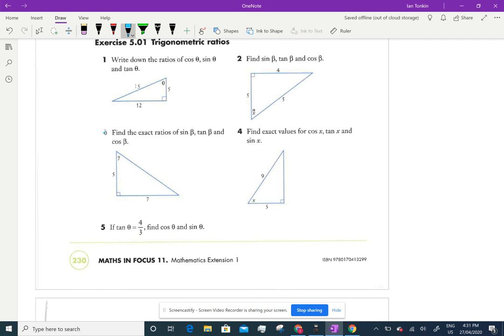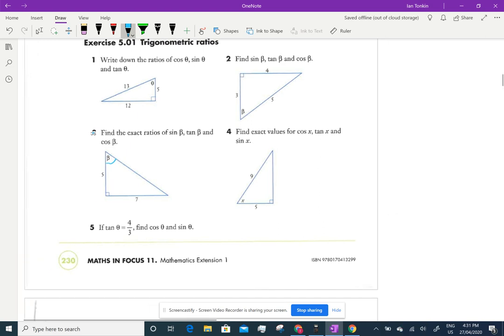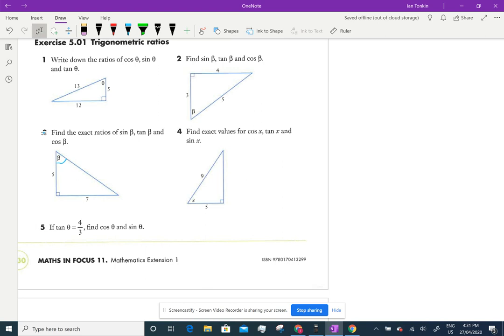And for some reason, my OneNote has changed that up a bit, because I reckon that's beta. Oh, there we go. And we've got to find the other ones. So I'm going to do 3 and 4. So find the exact ratios.